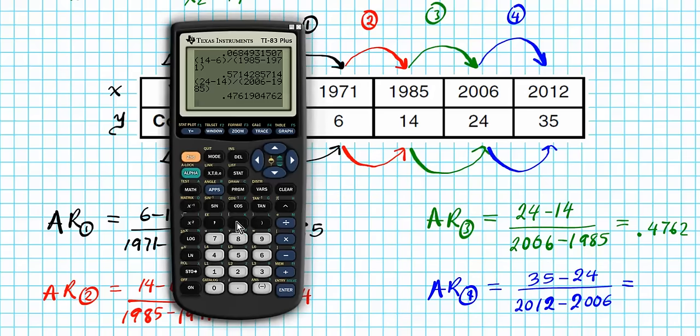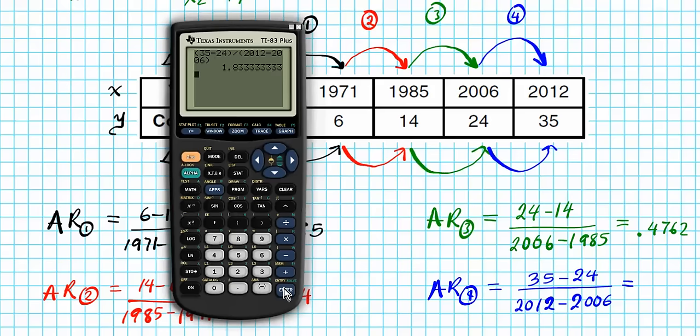Interval number 2 is leading right now. It's the biggest one. Oops, I took away all my work. That's okay. The last one we have is 35 minus 24 divided by 2012 minus 2006. Bam. Oh, we have a winner.